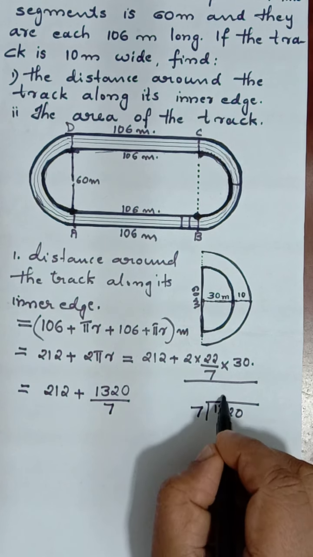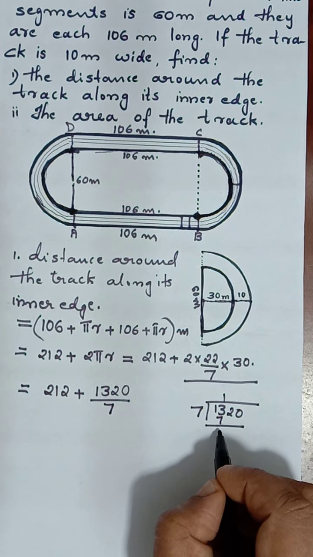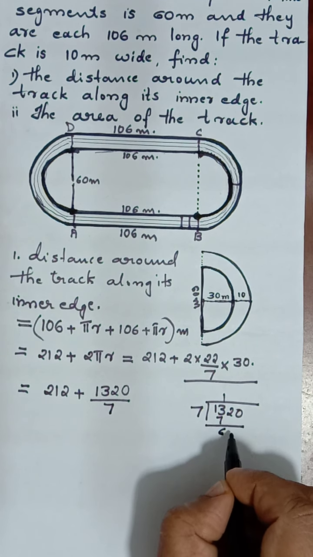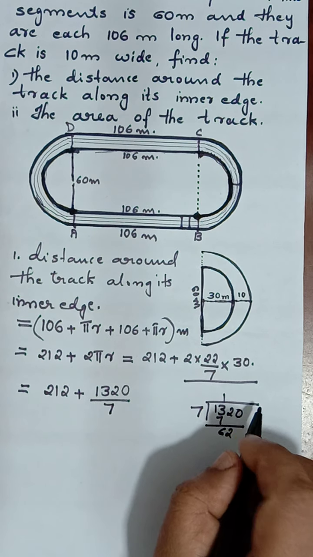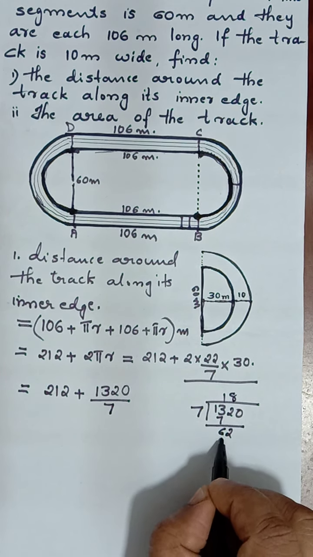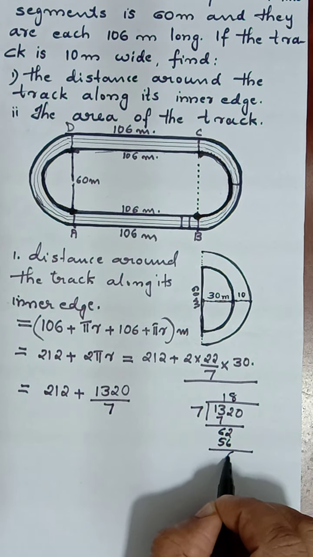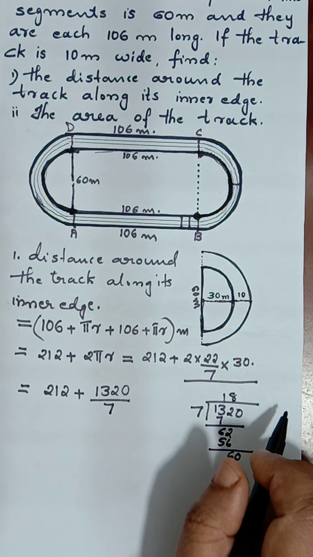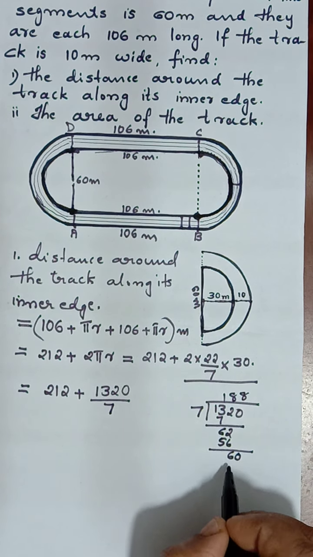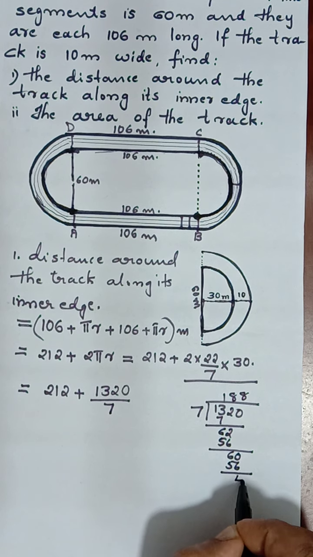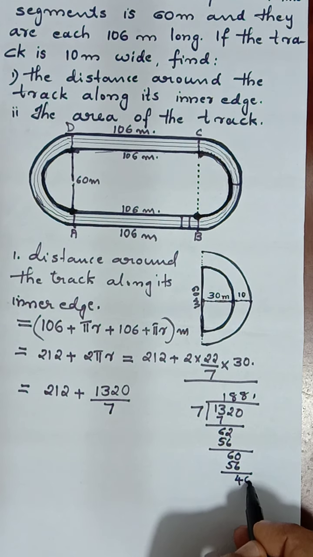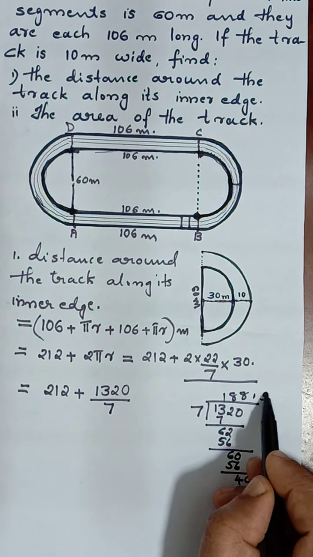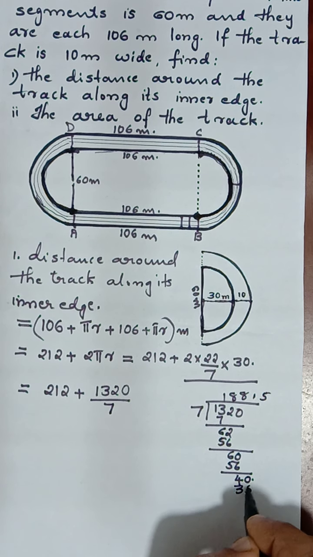How many times? 1 time, 7, plus 6, okay, 62. 8 times, 7 8s are 56. Subtract, bring down 60. Again 8 times, 56. Subtract, decimal, 40. 7 5s are 35.